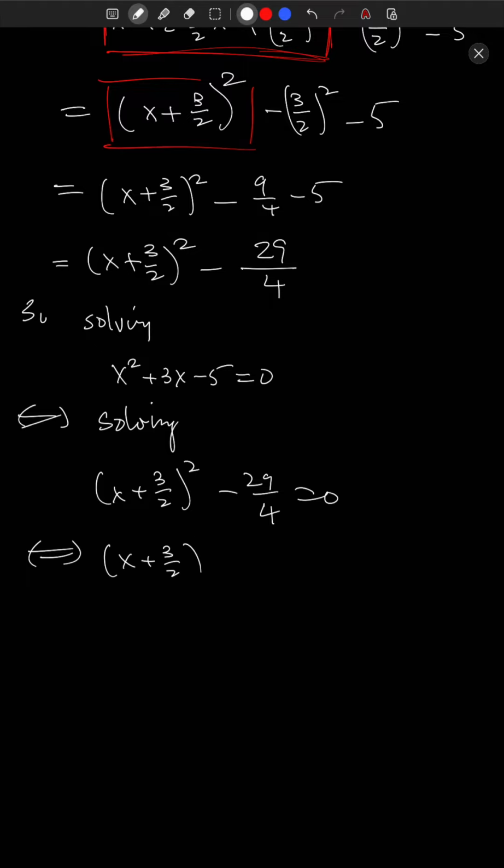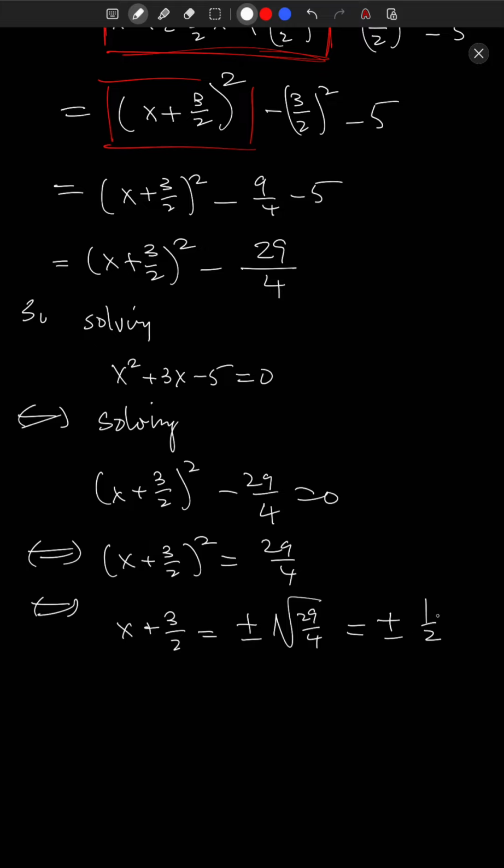x plus 3 over 2 squared equals 29 over 4, which tells me x plus 3 over 2 is equal to plus or minus root 29 over 4. And that over 4 I can simplify to be 1/2 root 29. Let me write it like this. Root 29 over 2.